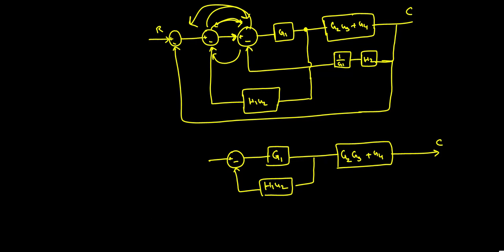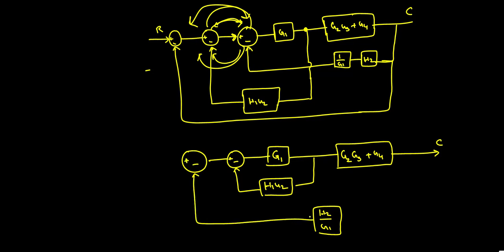Similarly, this summation I am bringing to here, right? So at that time, H2 by G1 is coming to this particular summation path. That's all, very simple. And this is coming to one more summation path.